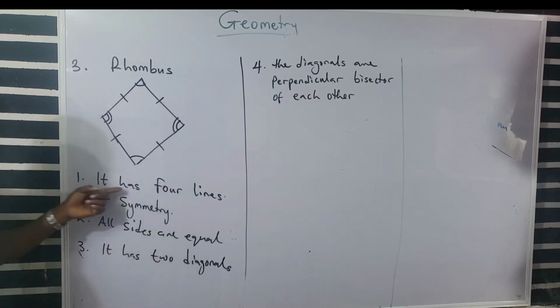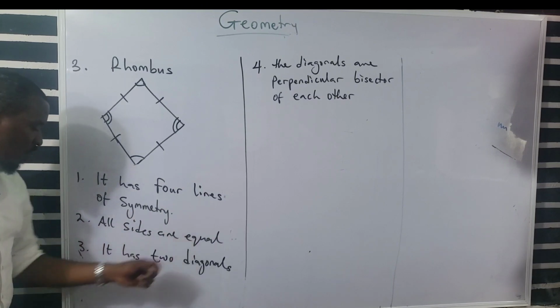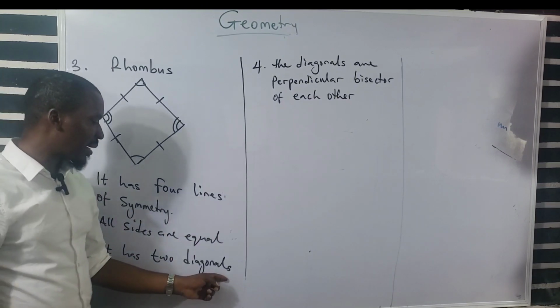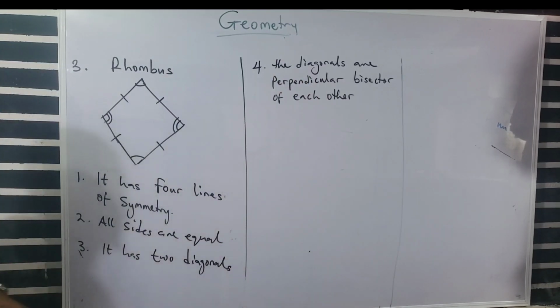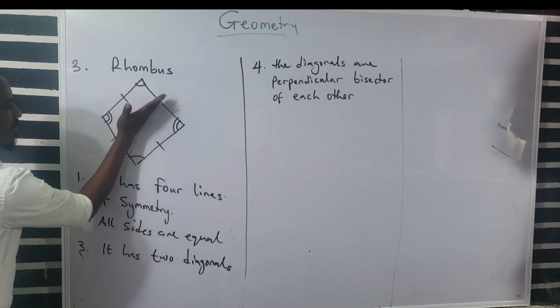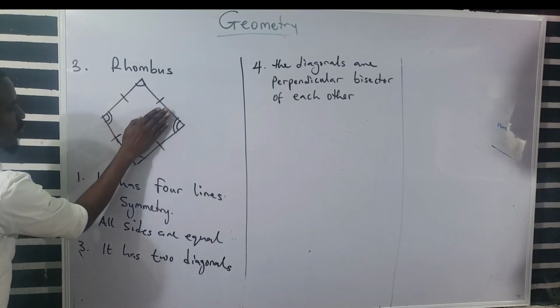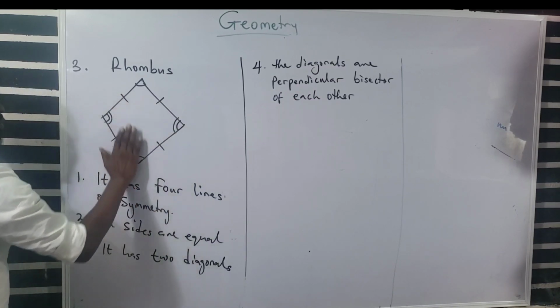Okay, so it has four lines of symmetry. All sides are equal. It has two diagonals, and the diagonals are perpendicular bisectors of each other. Okay, I think I've explained these four lines of symmetry. When you cut it from here and fold it, it will give you the same shape. When you cut it from here and fold it, it will give you the same shape.